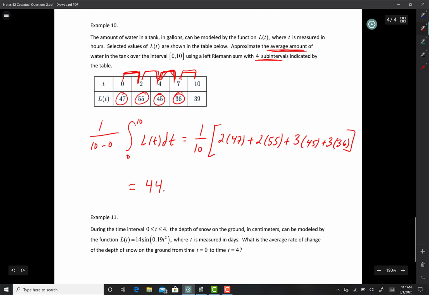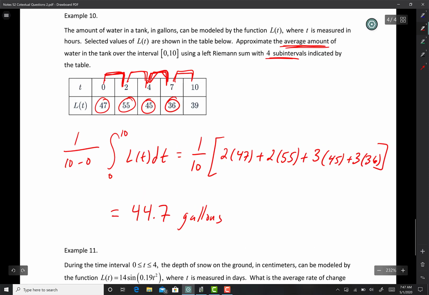Okay, so let's start thinking about units, guys, because we need units. So this was gallons, and then I multiplied gallons by hours, so that's gallon-hours divided by hours, so that's gallons. In case you didn't follow along, let me tell you what I'm talking about. The amount of water in the tank in gallons can be modeled by the function L of t.